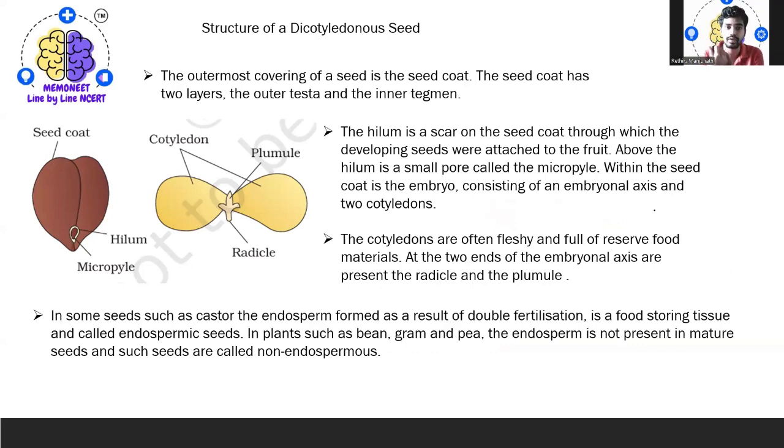In dicotyledons, the outermost covering of the seed is called the seed coat. The seed coat has two layers, the outer testa and the inner tegmen. The hilum region is a scar on the seed coat through which the developing seed was attached to the fruit.